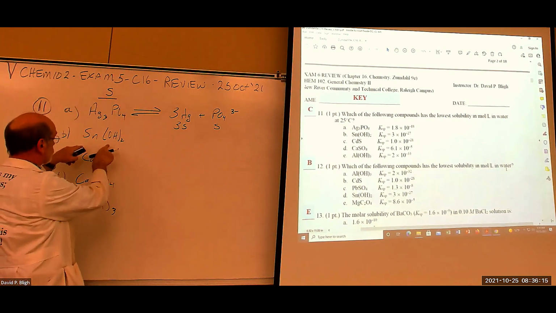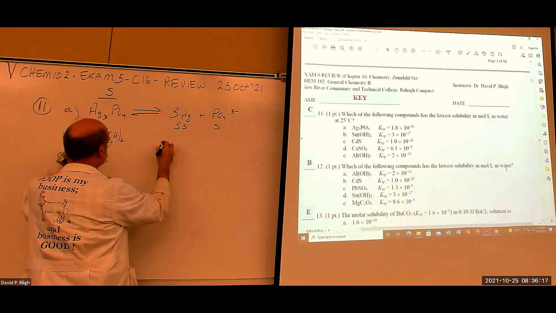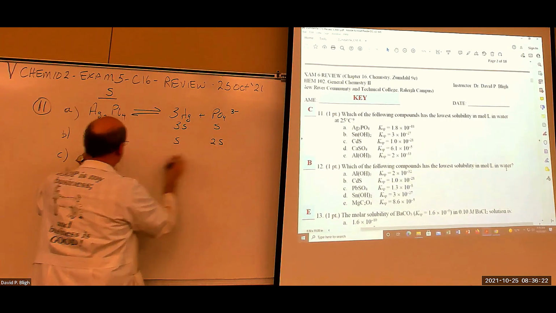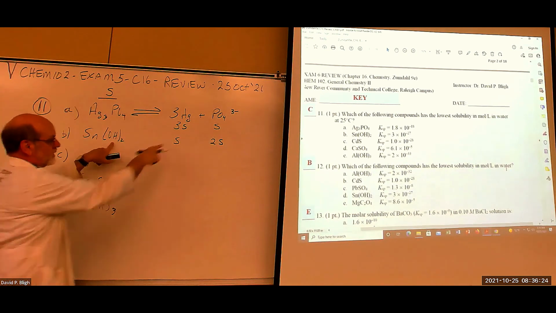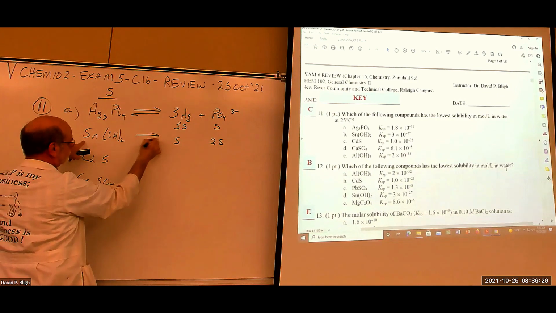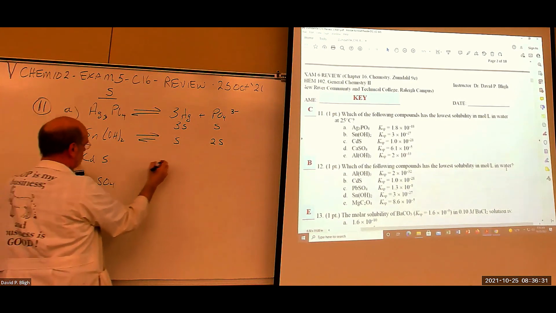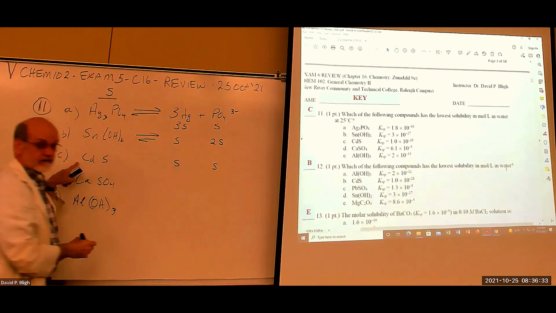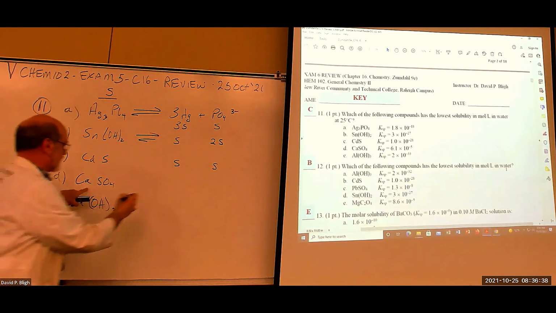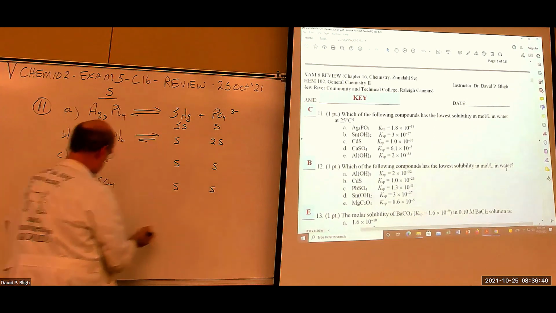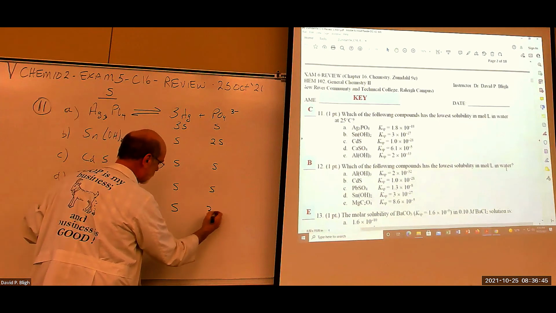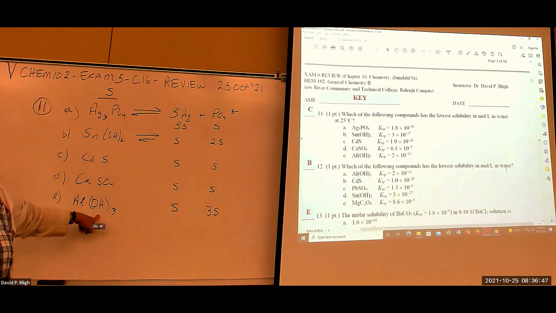Right. So what would this one be? That would be an S for tin and 2 S's for the next term, right? These are not the same as that. They're based on this right here. This one would be an S and an S. 1, 1. This one would be an S and an S. And this one would be an S for aluminum, and 3S for hydroxide.